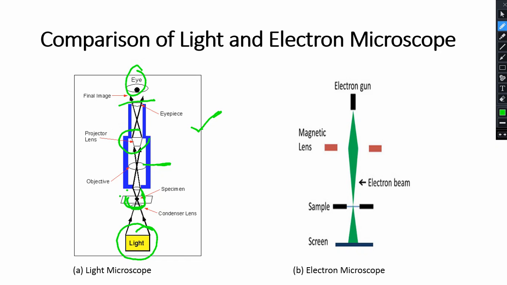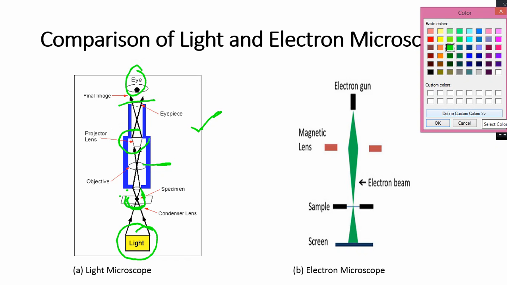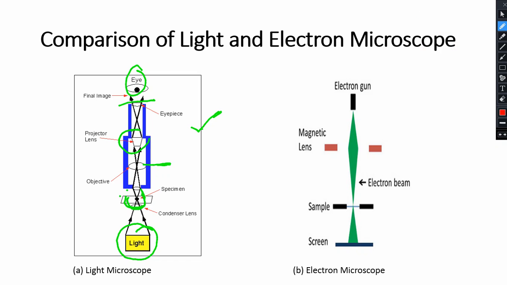But if you look at electron microscope, which is on the right side, instead of light there are electrons. And instead of optical lenses, here they are using magnetic lenses. Optical lenses are made from glass, and these lenses are made from magnets. Here is the stage where you will put your sample.